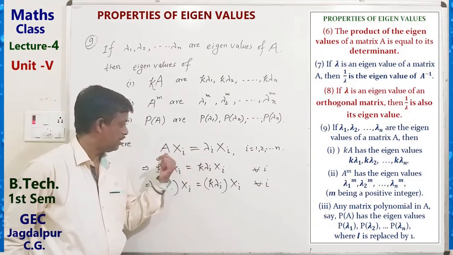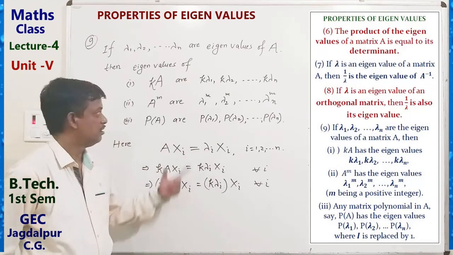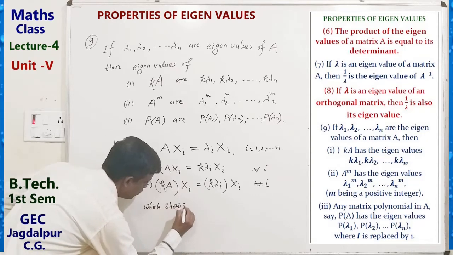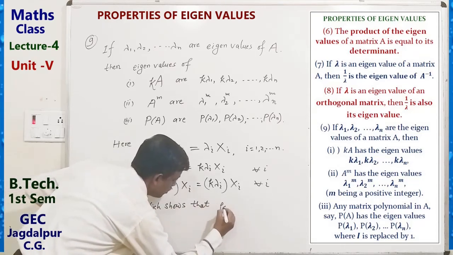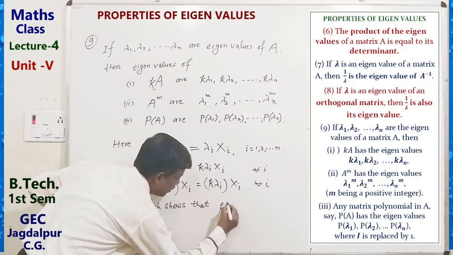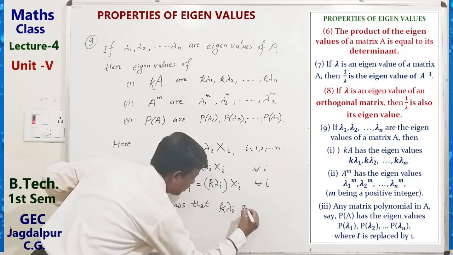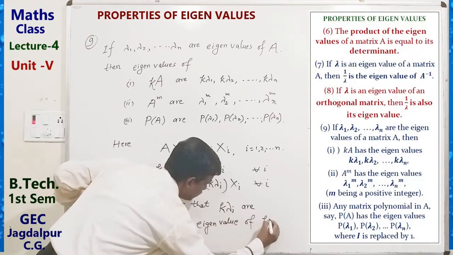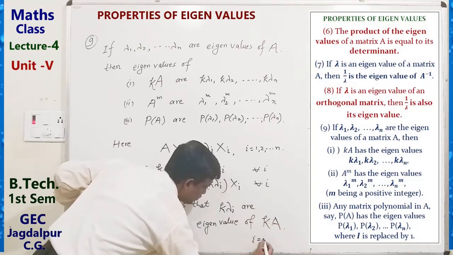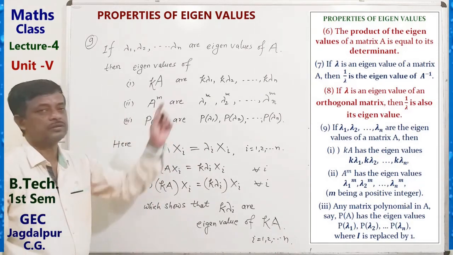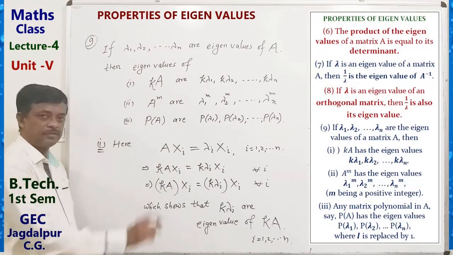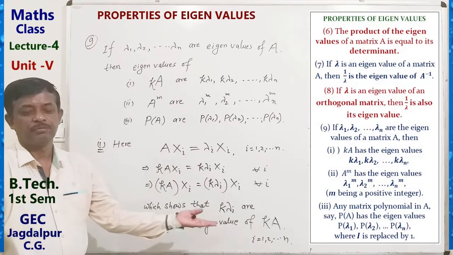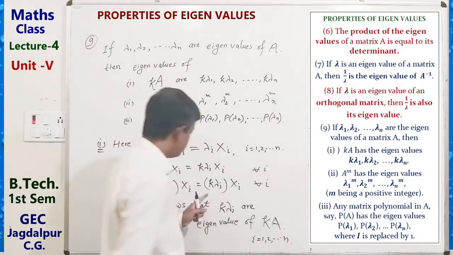As lambda is an eigenvalue of A, k lambda is an eigenvalue of kA. So the first is proved, which shows that k lambda i are the eigenvalues of kA for i equals 1 to n. Clear? This is the proof of the first.